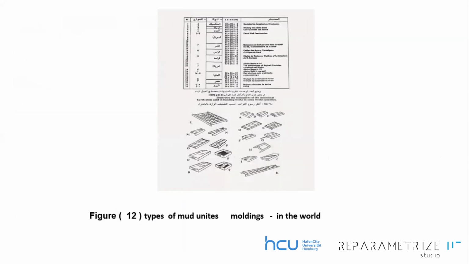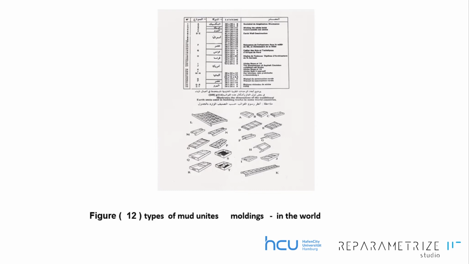Here we are talking about molding of adobe, and we can see it is different between countries. This is not the same. In Damascus it is not the same as in the middle of Syria. So also in other countries, maybe in Yemen or Morocco, or also in Europe.